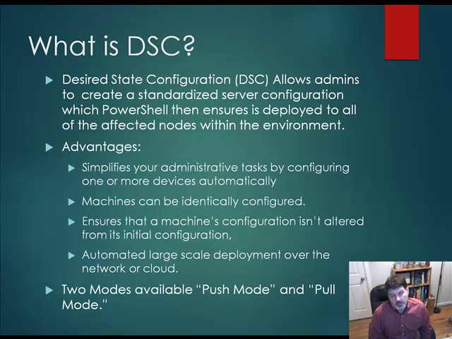Then the DSC server will confirm or deny those changes for those devices, and if there are configuration changes, it will tell those devices what those changes are and allow them to be pulled down by the devices themselves. This is definitely a two-way communication, and there are advantages to push mode and pull mode and some caveats of each as well.